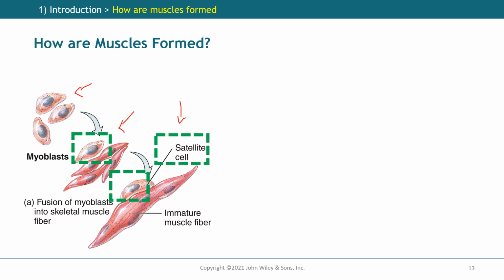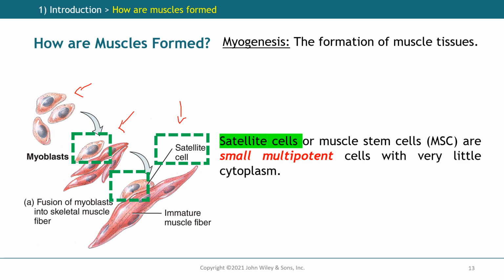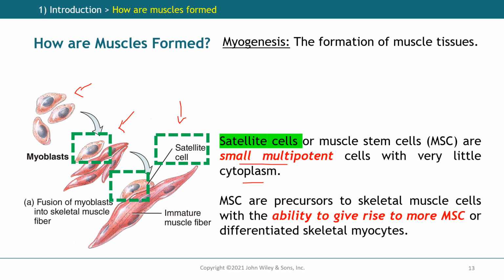So remember, in the adult there is still muscle formation, and these satellite cells are very important because, although they are small, they are multipotent and they have very little cytoplasm. And when needed, they can give rise to more muscle stem cells, or they can differentiate into myocytes and repair the muscles that are missing.